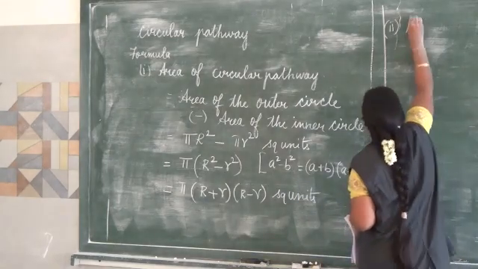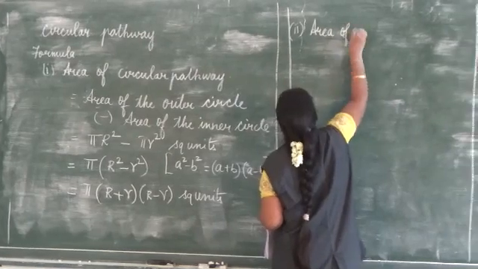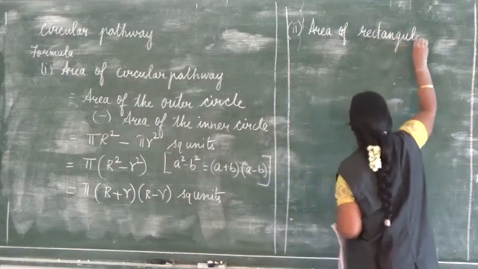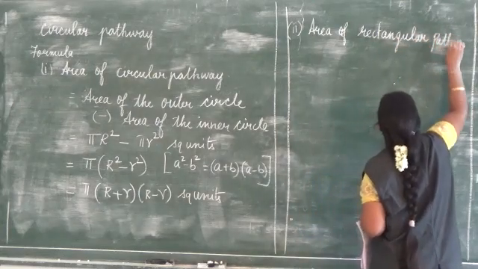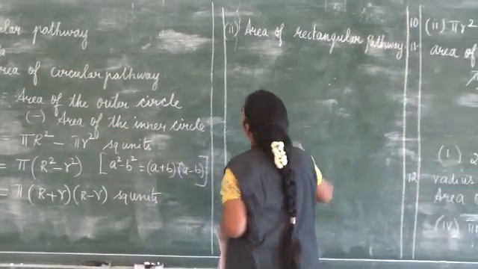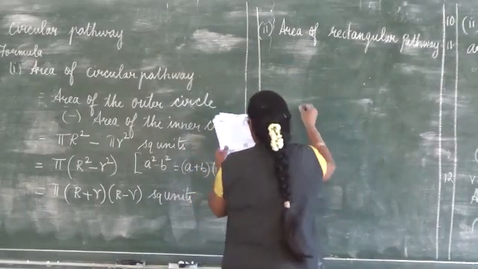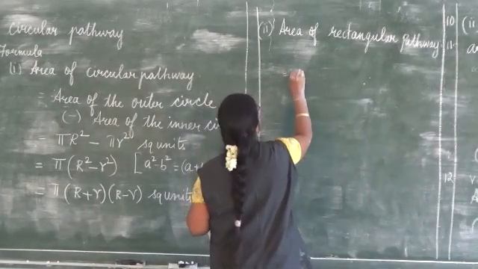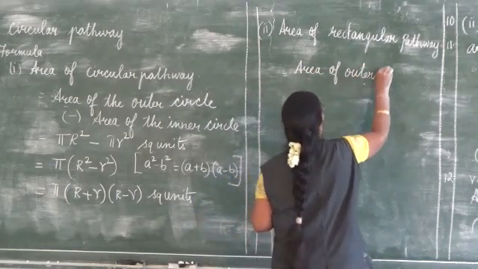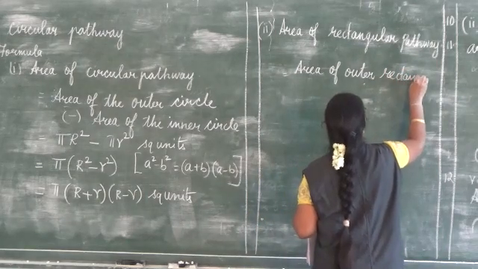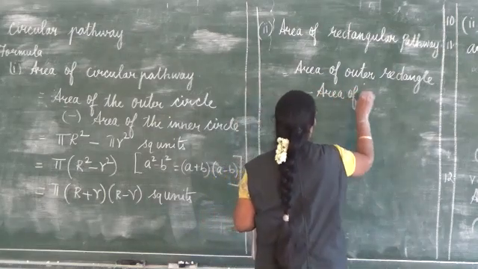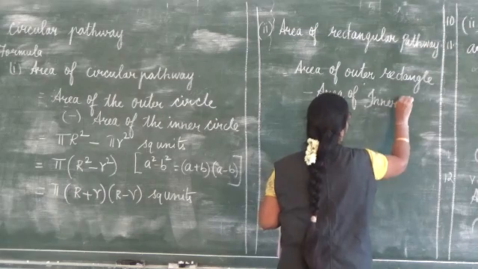Now the second one is area of rectangular pathway. This is equal to area of the outer rectangle minus area of inner rectangle.